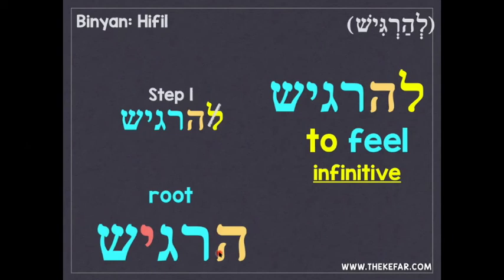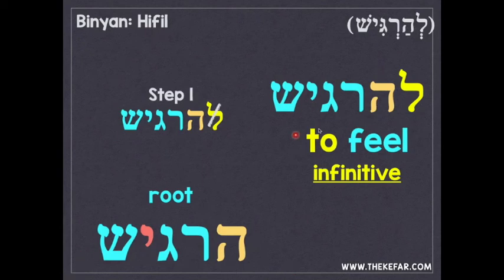However, what we need in order to use lehargish in the present tense and in the past tense and also in the future tense is really this whole piece. Okay, so everything that's left once you get rid of that initial lamed. And so the way that we pronounce this is hirgish, okay, and here you hear that E sound that we hear in the hifil binyan pattern.